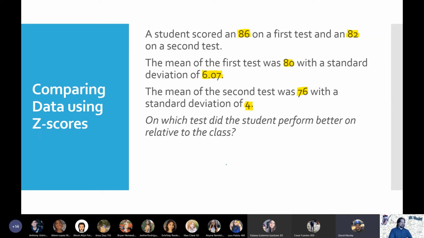All right, so if we're looking at our results here for the first test, we can have a z-score that will be 86 minus 80 divided by 6.07. And we'll use our trusty calculator.